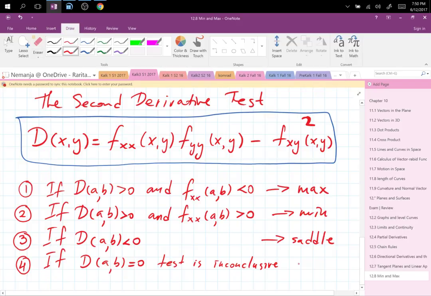Now, I will just remind you that you can, by brute force, figure out what it is. If you have a shape that has a max over some point (a, b) in your domain, and you move a little bit away from that point, say you are computing at 1, 2, that's your (a, b), and you go to 0.9 and 2, you are already a little bit off from your critical point.